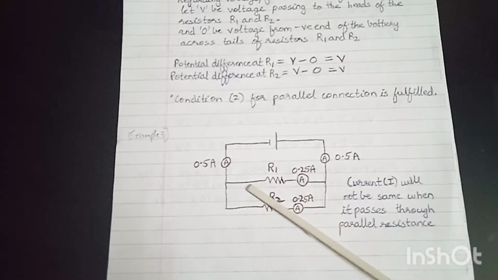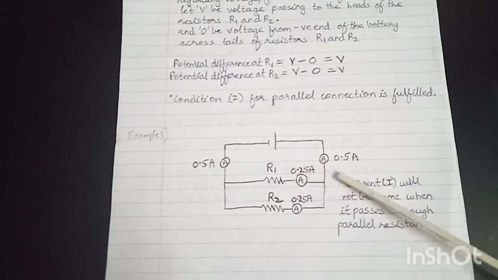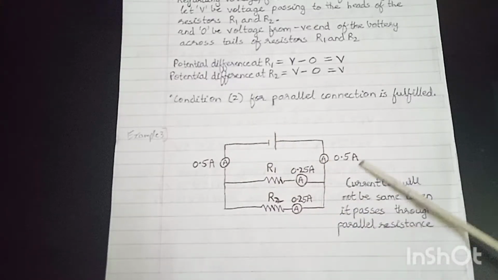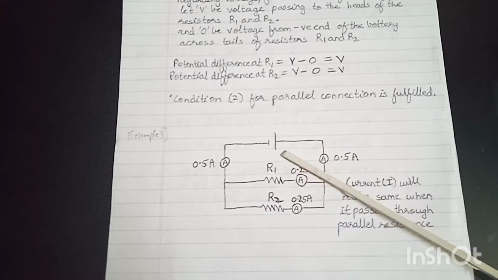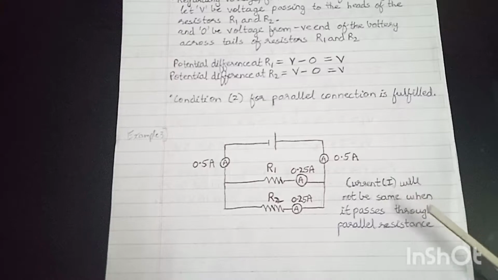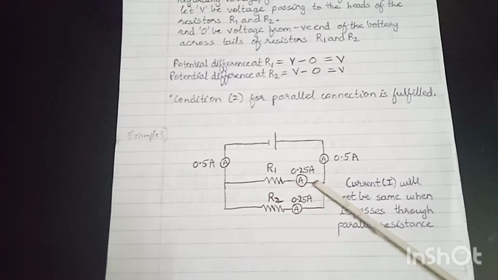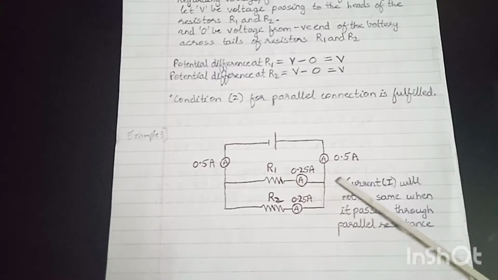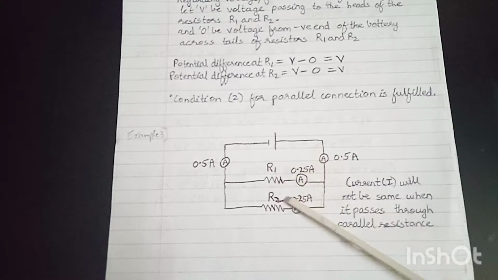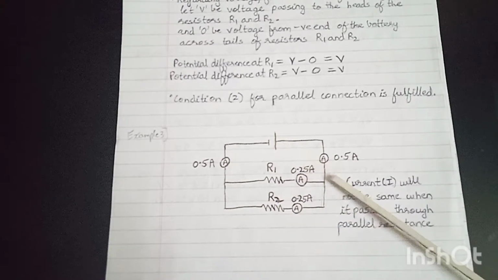The heads of R1 and R2 are connected to the positive terminal, and the tails of R1 and R2 are connected to the negative terminal of the battery.